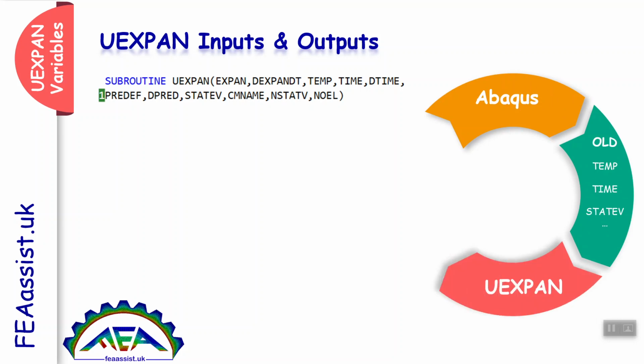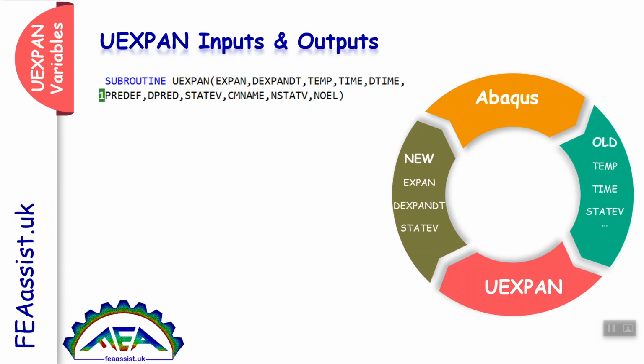We need to use these variables in the UEXPAN subroutine and define the expansion coefficient and the derivative of the expansion coefficient with respect to time, temperature, and state variables, and return these variables to Abaqus.